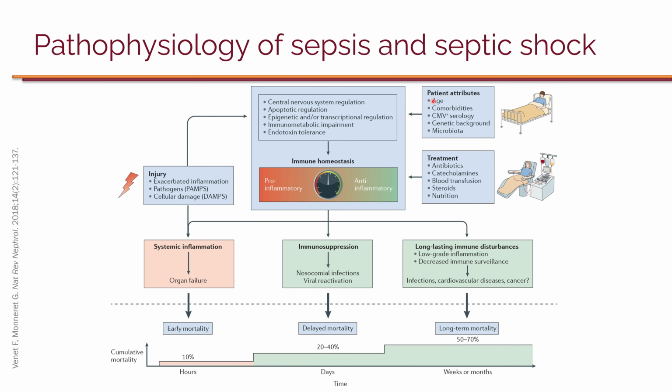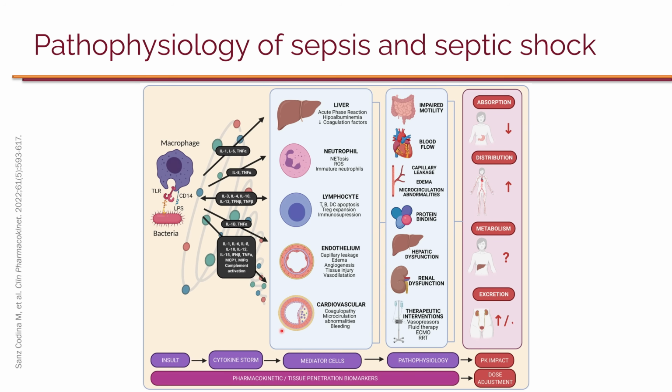So, for example, age is a factor, comorbidities, if the people have other viruses in their body, how good their microbiota is. And of course, the treatment, did they get the right treatment? Did they receive other interventions? These all affect how these outcomes unfold in different patients.